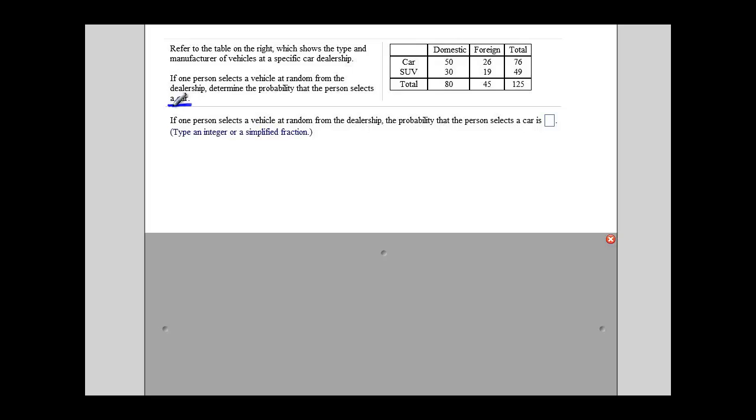That would be considered a success. So what is the total number of cars? The total number of cars would be 76 out of a total number of vehicles, which is 125.